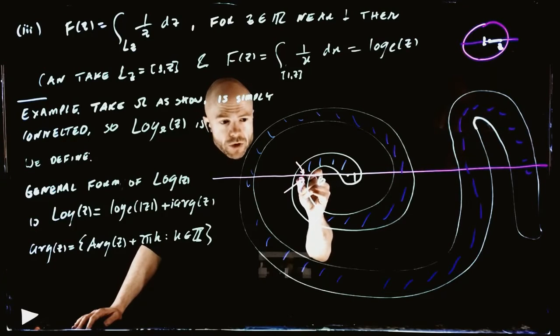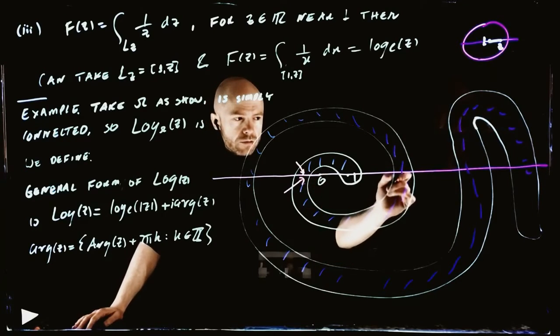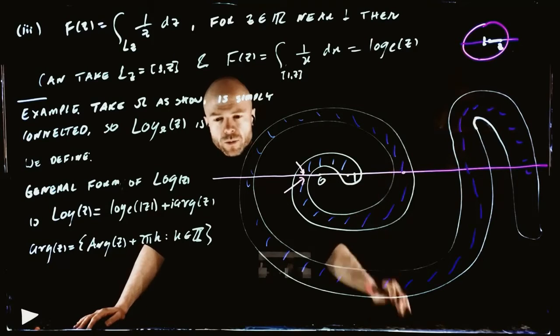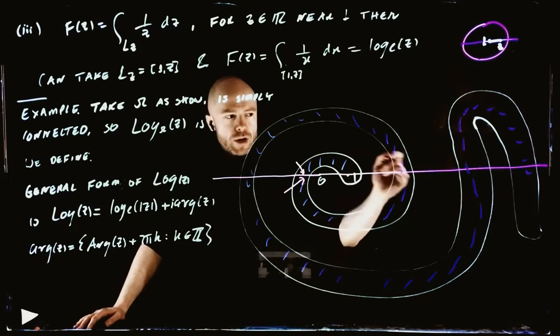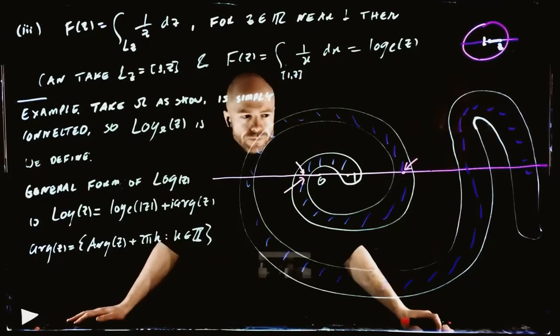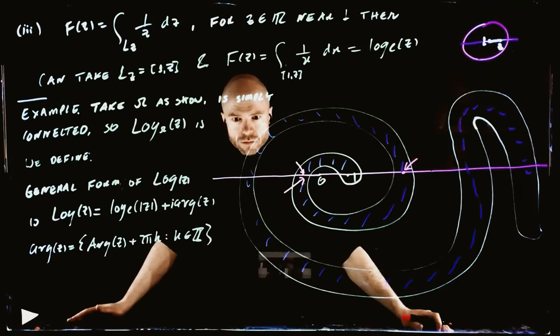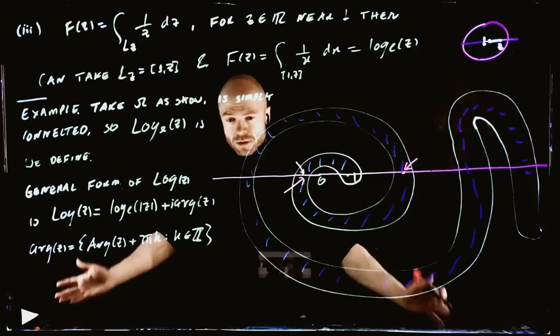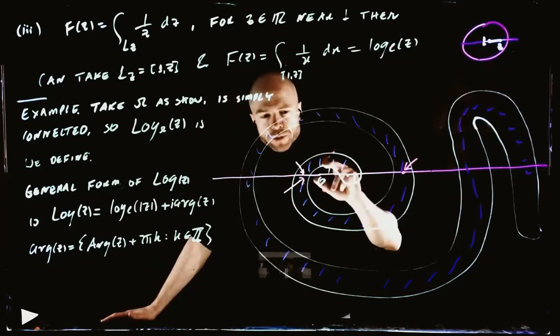And we're going round and round. What is going to be the imaginary part of our complex log right here? Two pi, because this argument, this imaginary part, is changing continuously.